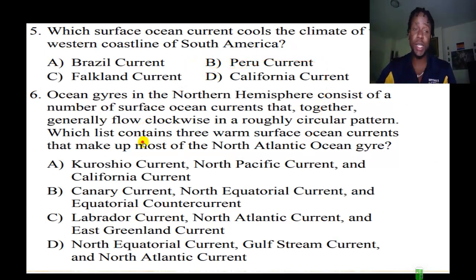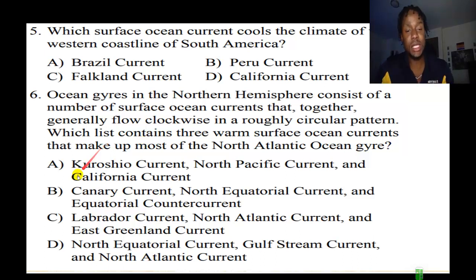Question number 6 here says the ocean gyre in the northern hemisphere consists of a number of surface ocean currents that together in general flow clockwise in a roughly circular pattern.